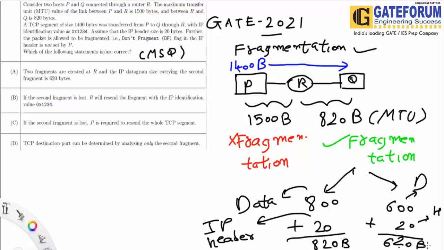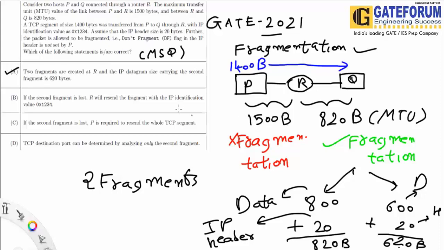So two fragments would be created. That's what it means: the two fragments are created at R, and the datagram size carrying the second fragment is 620 bytes. So answer A is correct.